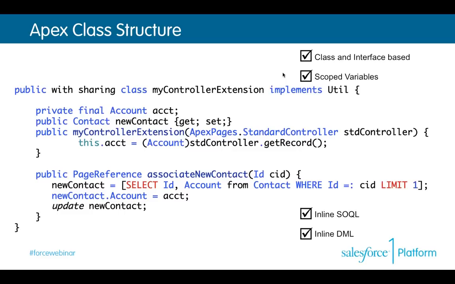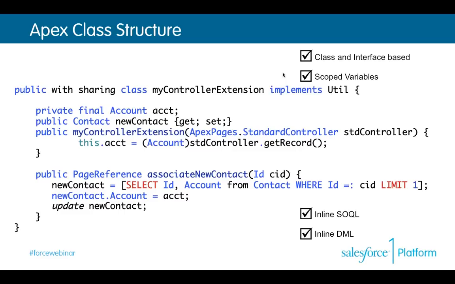Okay, so let's take a quick look at what an Apex class structure actually looks like. And like I keep saying, if you're used to an OO-related language like Java or C#, this is probably instantly familiar to you. You see we have a class. This one's named MyControllerExtension. You can see that we support interfaces, so I'm implementing the util interface here.